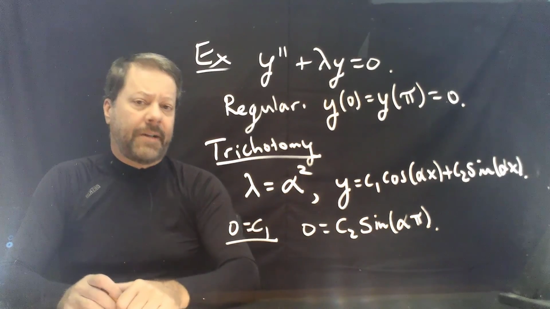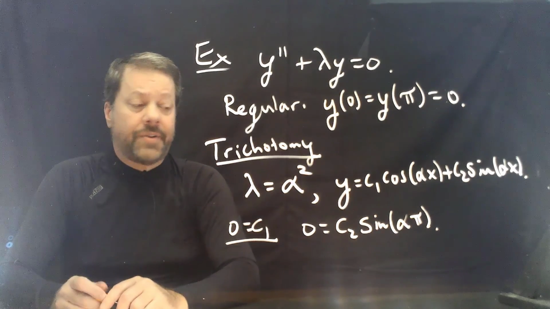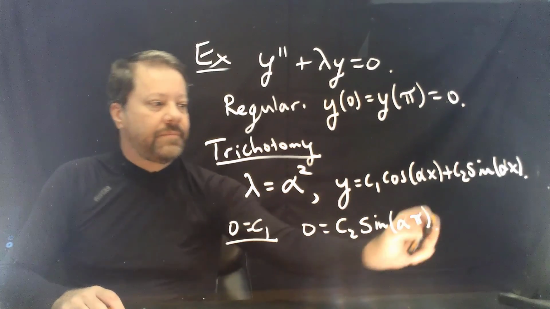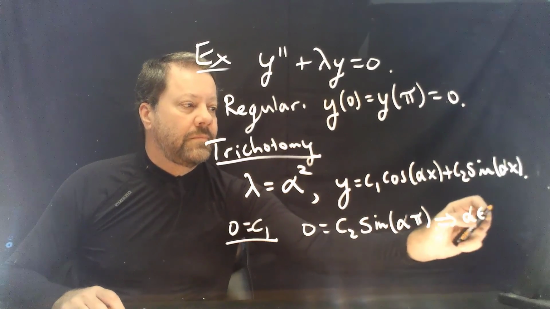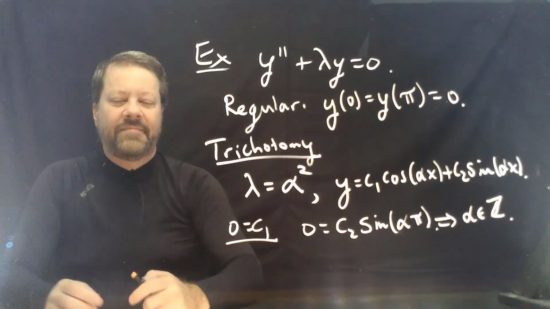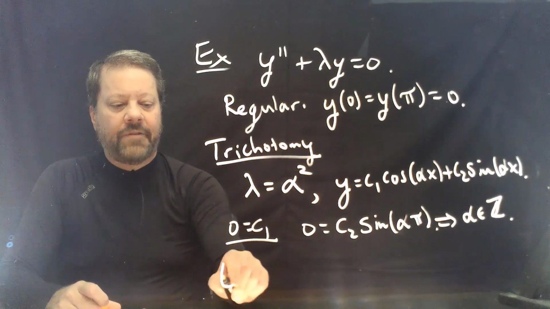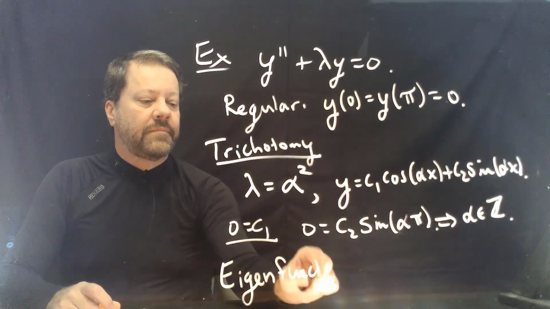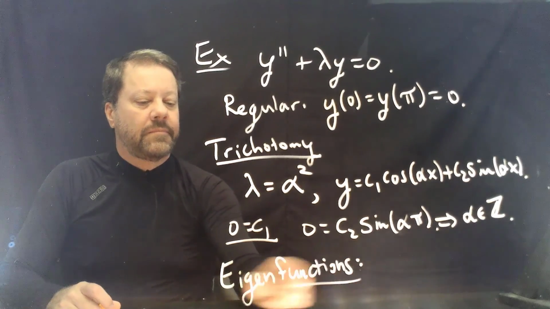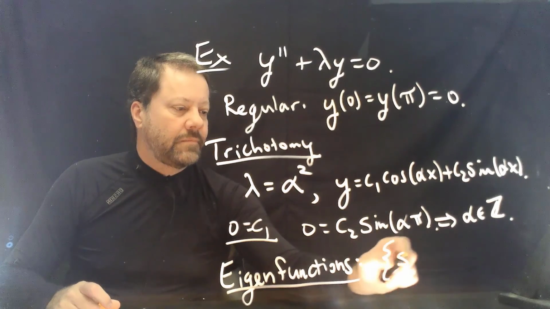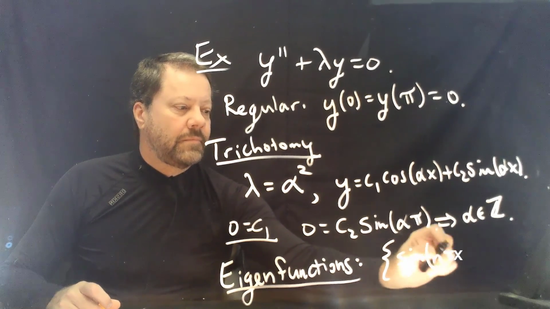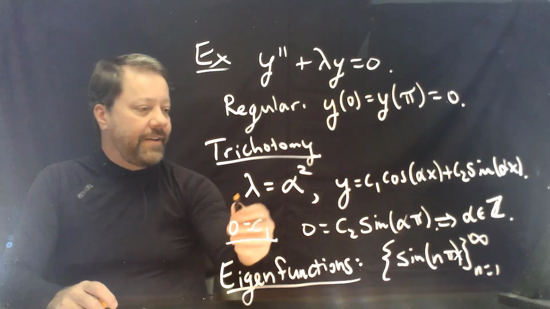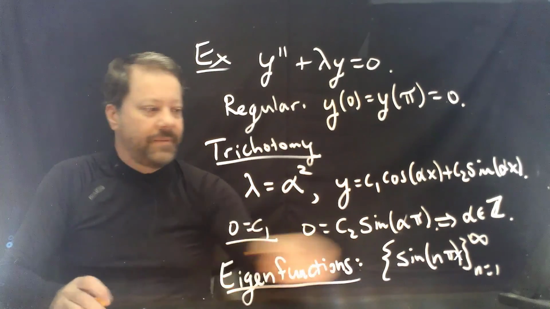That tells us something about alpha. Assuming that c2 is not 0, alpha must in fact be an integer. This gives us a class of what we call eigenfunctions, corresponding to our eigenvalues, lambda equals n squared.